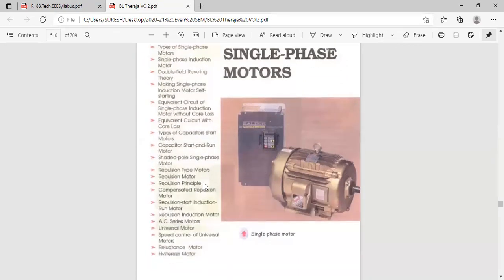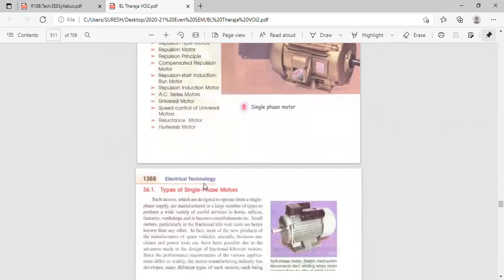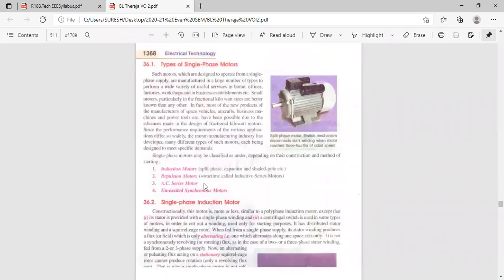Whatever ceiling fan you have in your house, that is a single-phase induction motor. In your syllabus, single-phase motors may be classified based on construction and method of starting.